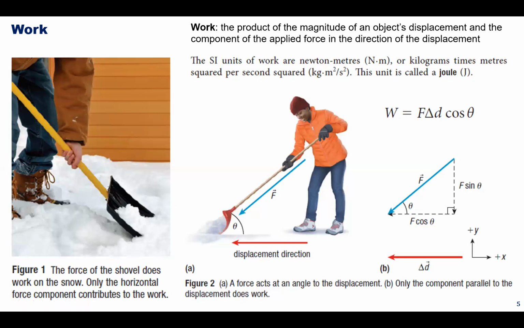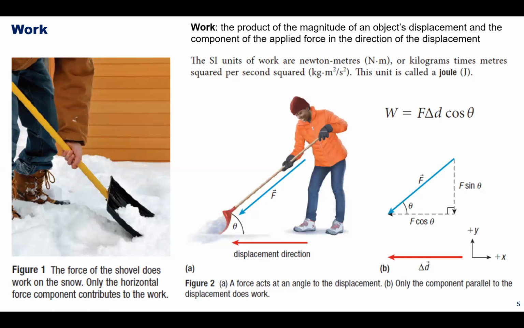So the work done by a force depends on two vectors, the applied force and the resulting displacement. The work done on an object is proportional to both force, F, and displacement, delta D. However, the amount of work done is a scalar quantity, not a vector. So you need to be careful with this.